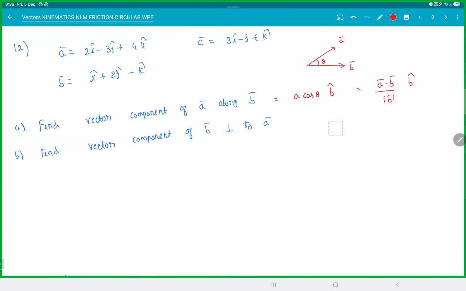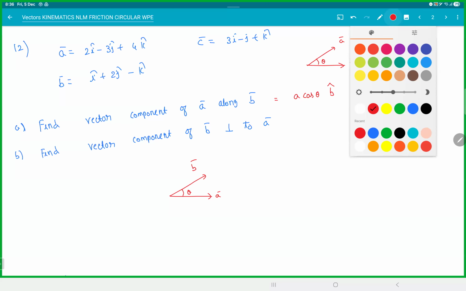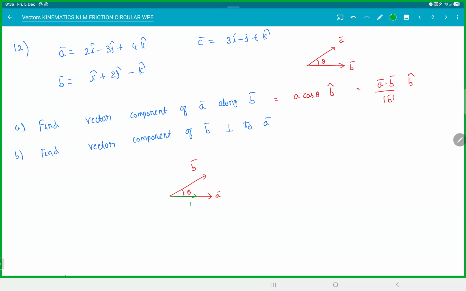So in this case, we have B bar, A bar, and theta. If you resolve B bar into two components, this is your B parallel and this is your B perpendicular. I'm asking you for the perpendicular component. And we know B parallel component is simply B cos theta A cap, that will be A bar dot B bar by mod A bar into A cap.